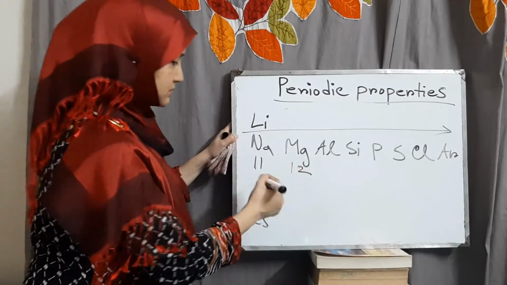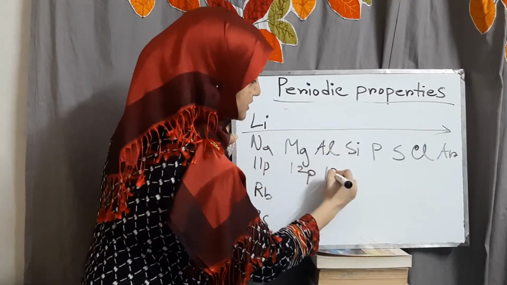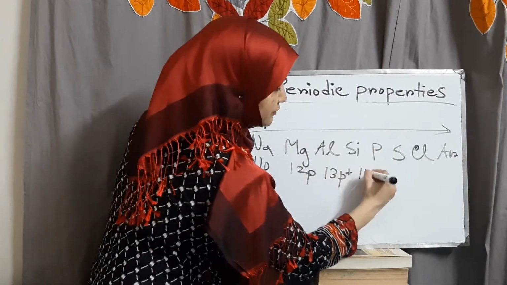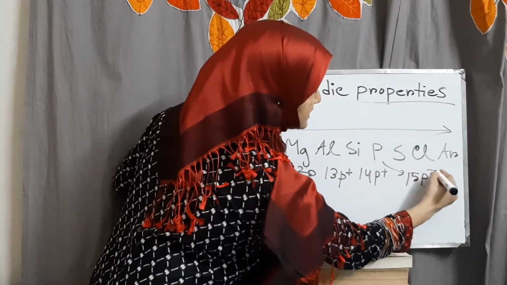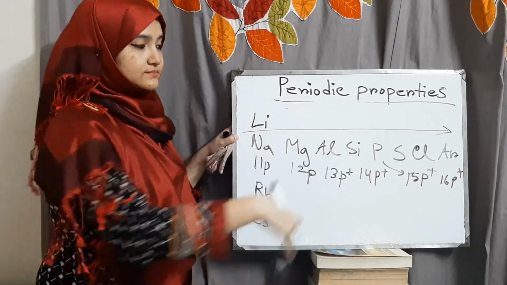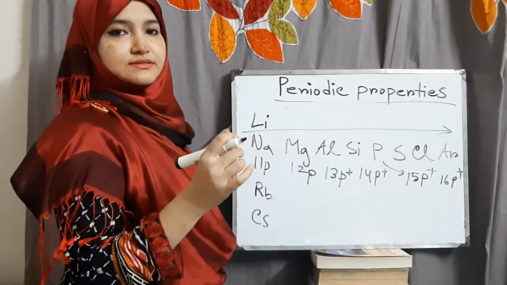Add 1 proton. And aluminium 13 protons. For silicon 14 protons, for phosphorus 15 protons, sulfur 16 protons, and so on. 17 for chlorine, 18 in the nucleus of argon.